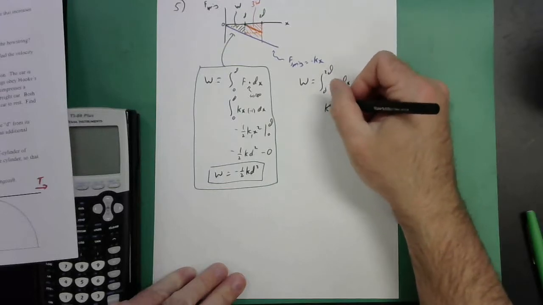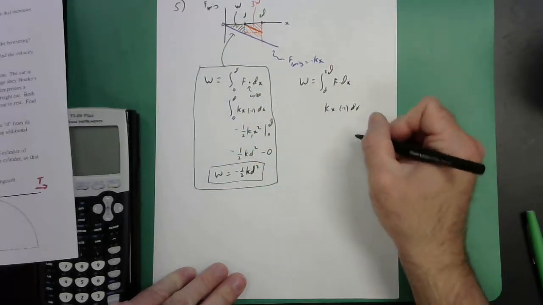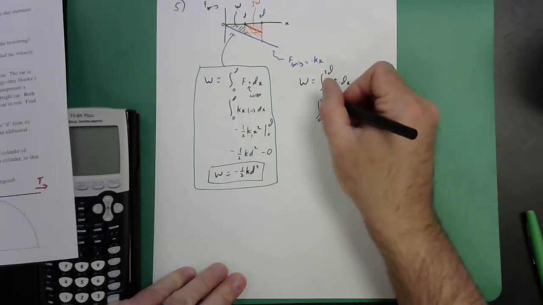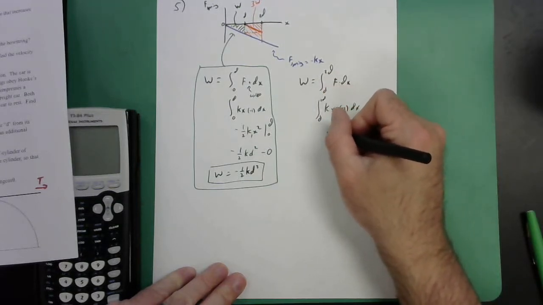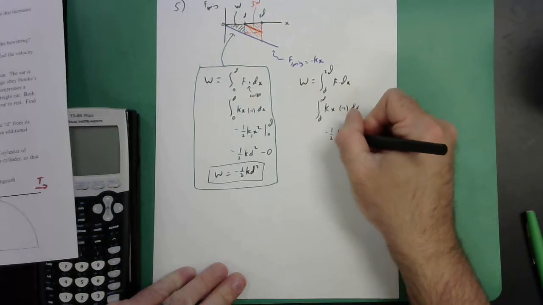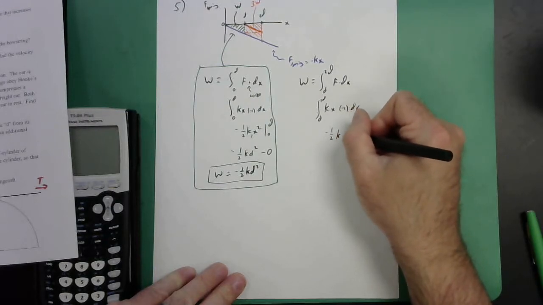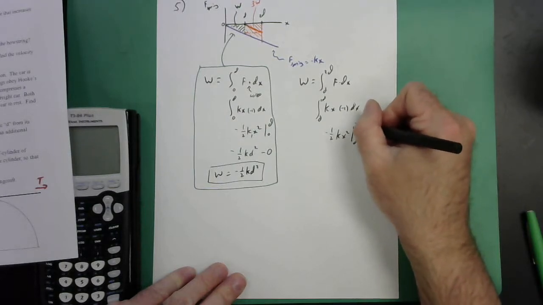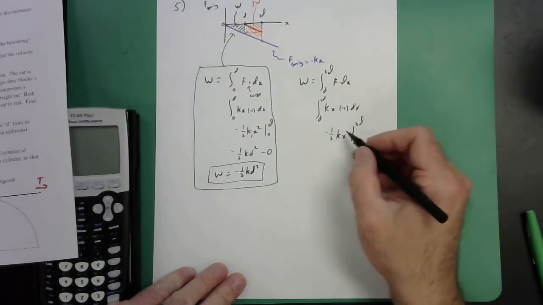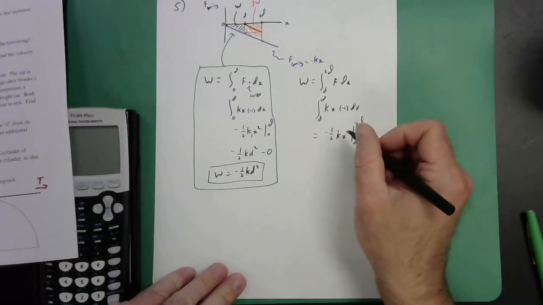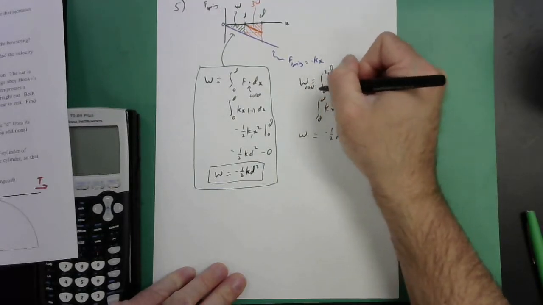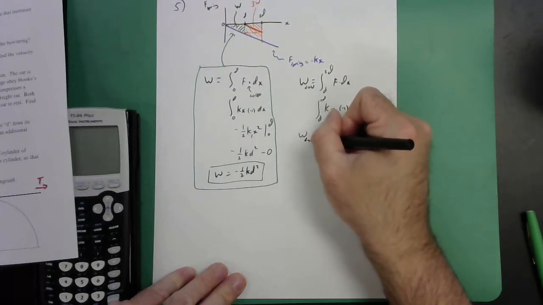I'm taking the absolute value. That's why there's no negative x. And to 2D, you say, yes, that's going to be a minus 1/2 k x squared evaluated from D to 2D, right? This is my work going from D to 2D, all right?